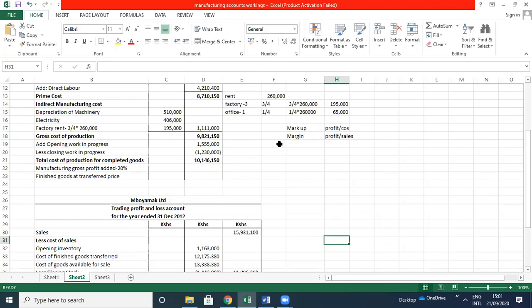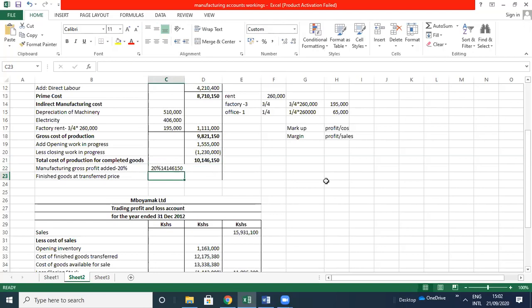Now, markup here, we've been told it is profit divided by the cost, right? And therefore, we are looking at 20% of the cost, which is 10,146, 150. So what is 20% of that?